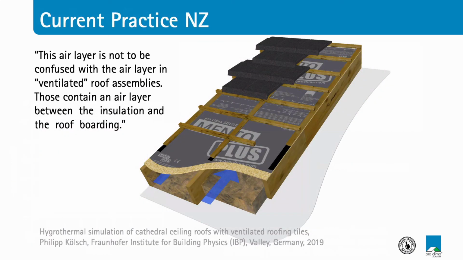So what Philip has suggested is that the air layer that we want to have in our roofs shouldn't be confused with the air layer underneath sarking or boards where the air is encouraged to move over the top of the insulation.